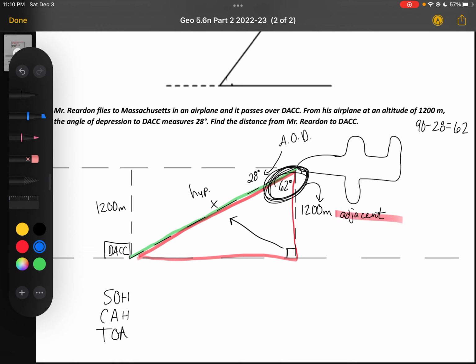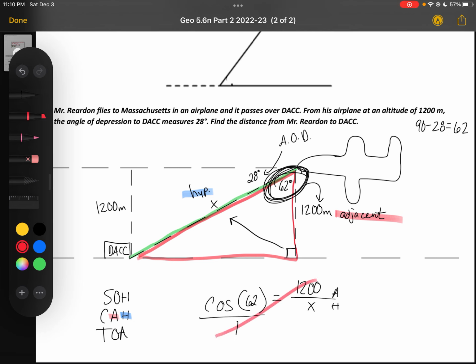So we have adjacent, we have hypotenuse. When we put those two things together, we are looking at the cosine function. So in this situation, our adjacent is 1200, hypotenuse is x, and our angle is 62 degrees.